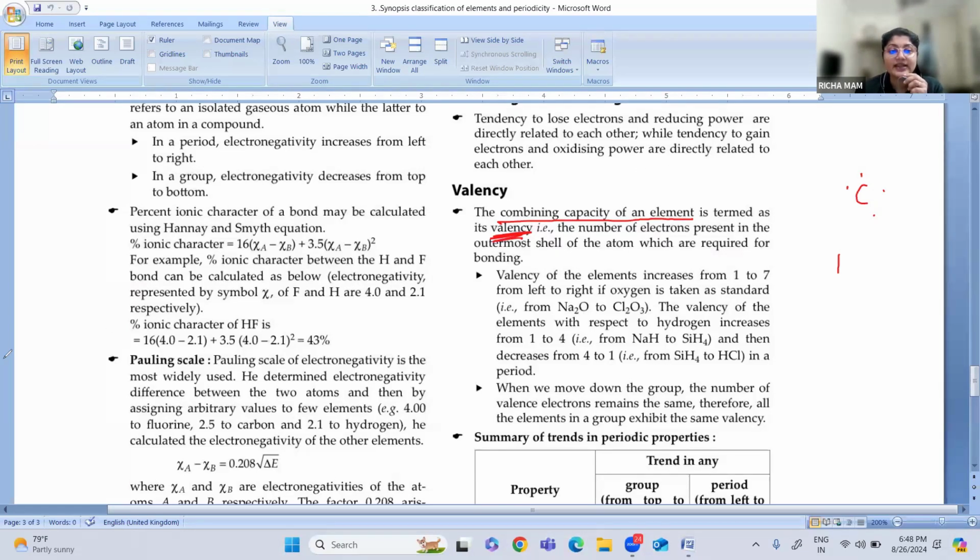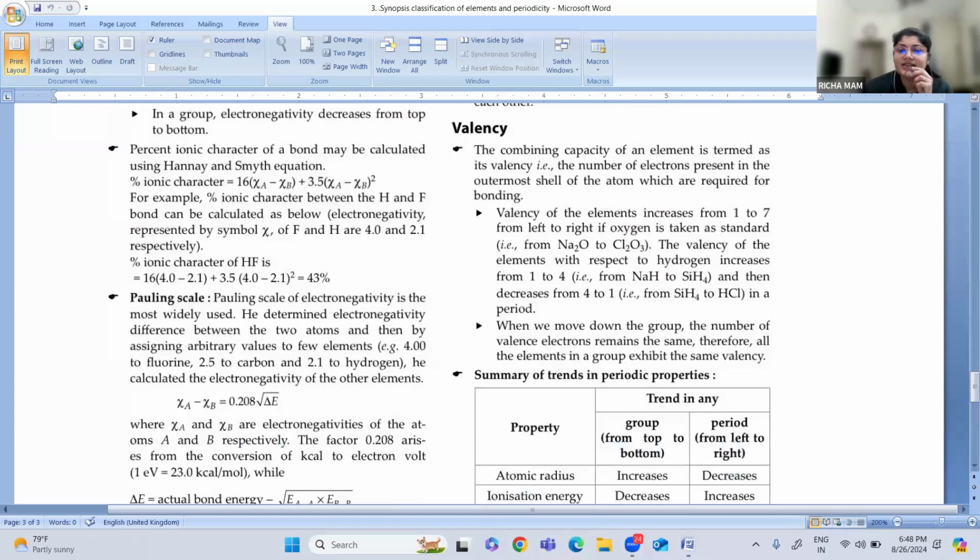So this valency depends upon the number of electrons which are present. Let us see how the valency of the elements increases from 1 to 4 and then decreases across the period. When we go down the group, what will happen?